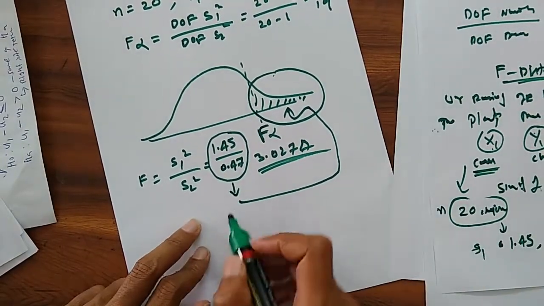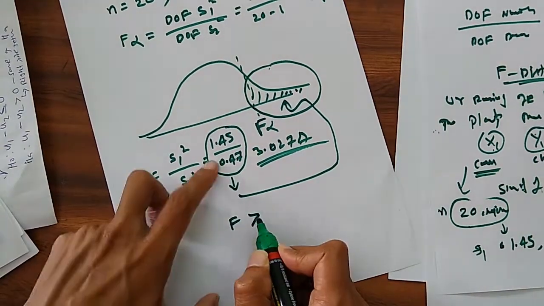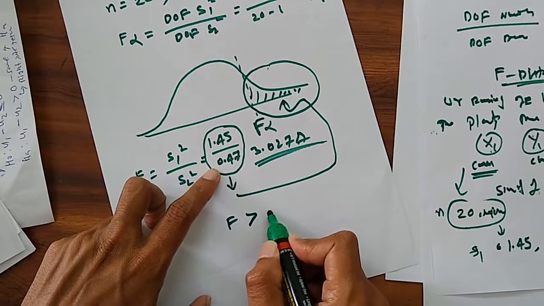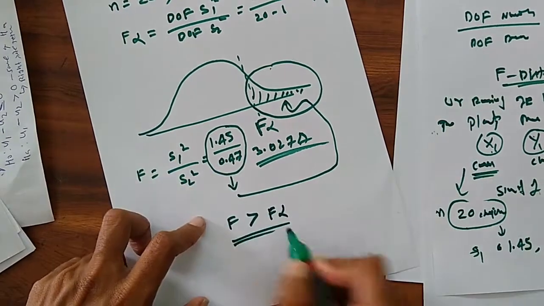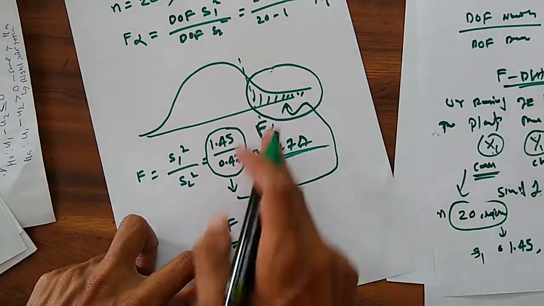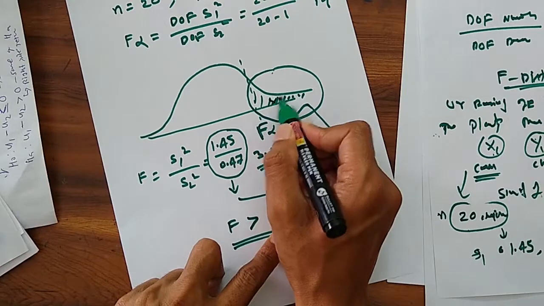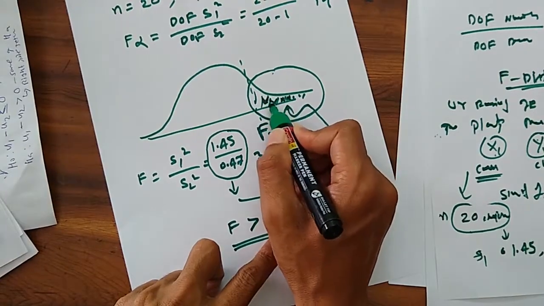After calculating this value, what we determined is f, this value is greater than f alpha. That means this value comes under the extreme region here.